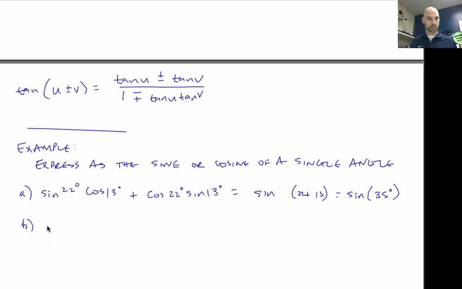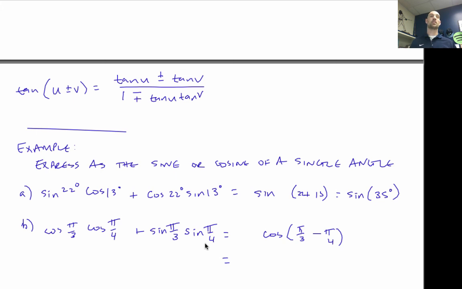Check this one out. Cosine of pi over 3 times the cosine of pi over 4 plus the sine of pi over 3 times the sine of pi over 4. All right, so check this out. Obviously, we've got cosine and cosine, and sine, so there's going to be a cosine. Cosine was opposite, so if this is plus, we're going to have minus. And this is going to be pi over 3 minus pi over 4.